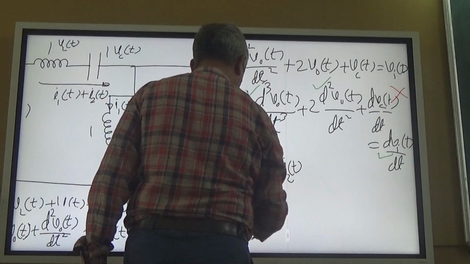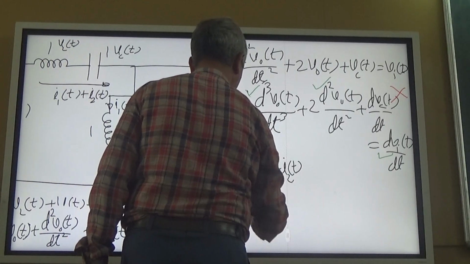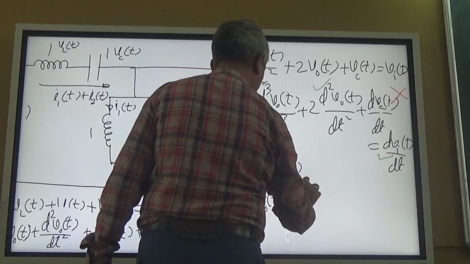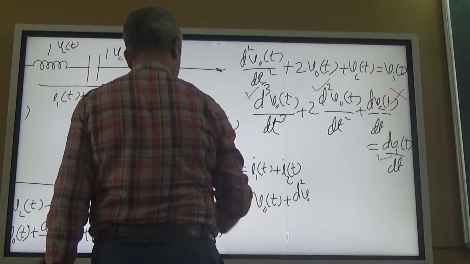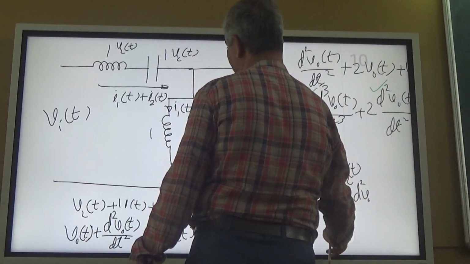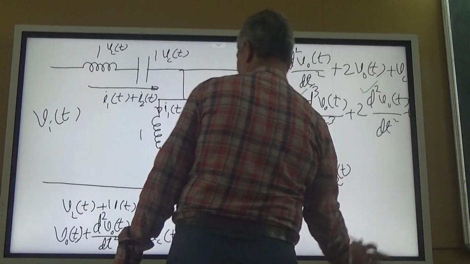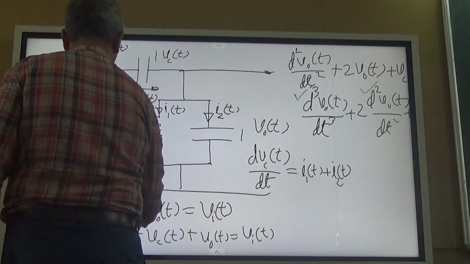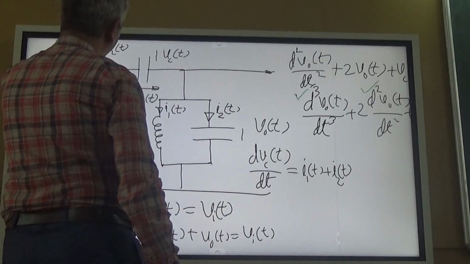That I can again have, which I have already written down: i1(t) is equal to V_O(t) and i2(t) is equal to dV_O(t)/dt. So V_L(t) was L di/dt.